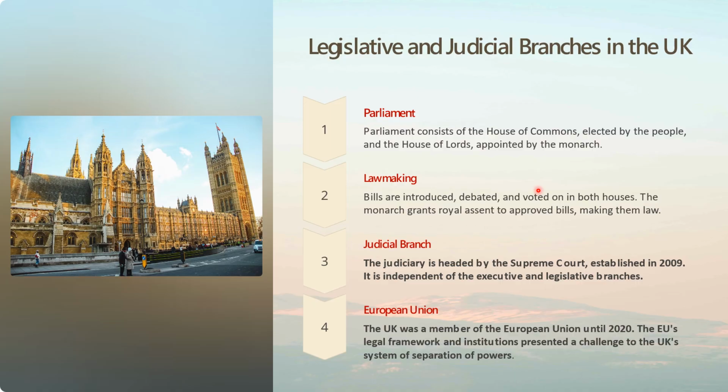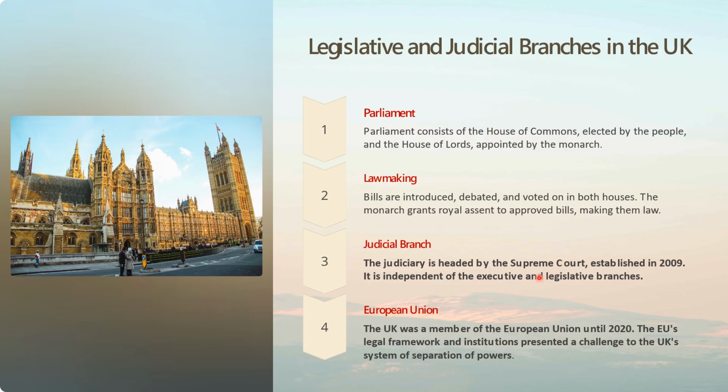Parliament makes laws, approves taxes and scrutinizes the government. Bills are introduced, debated and voted on in both houses. The monarch grants royal assent to approve bills, making them law.